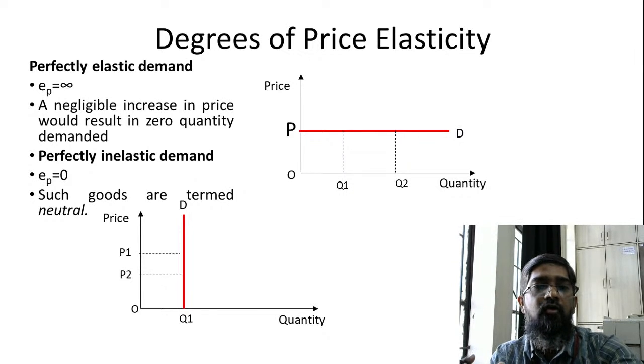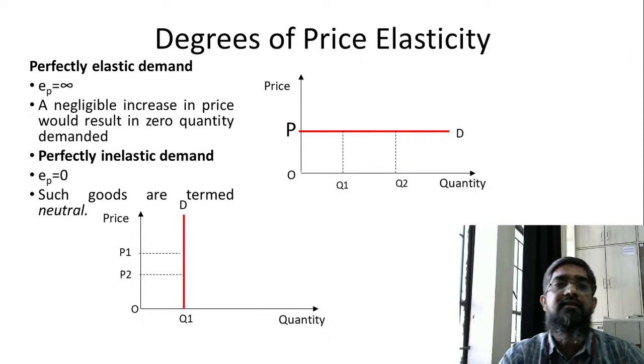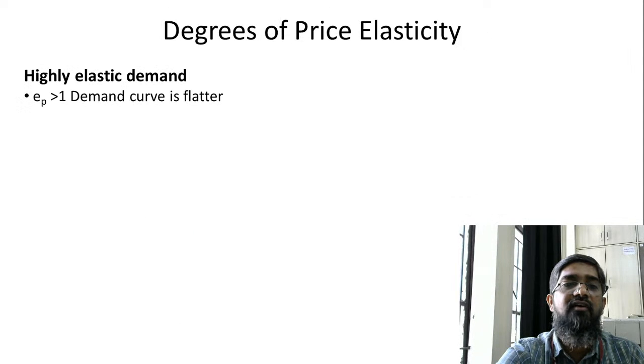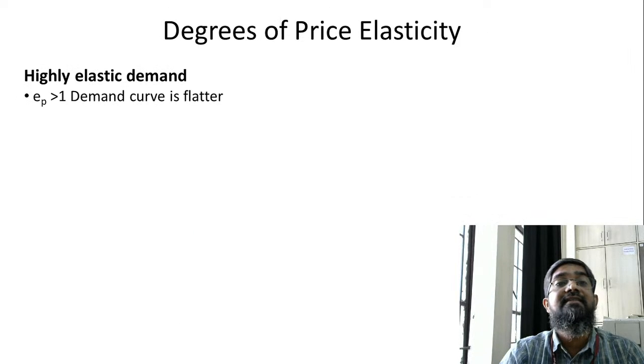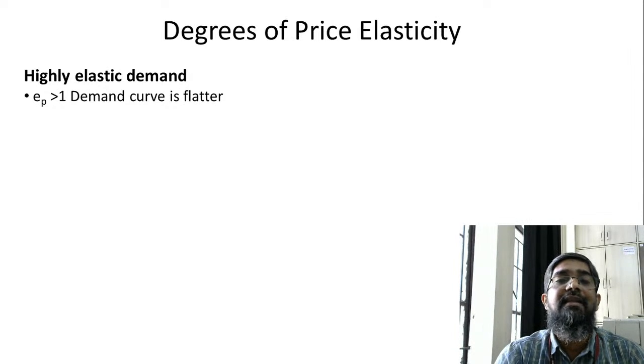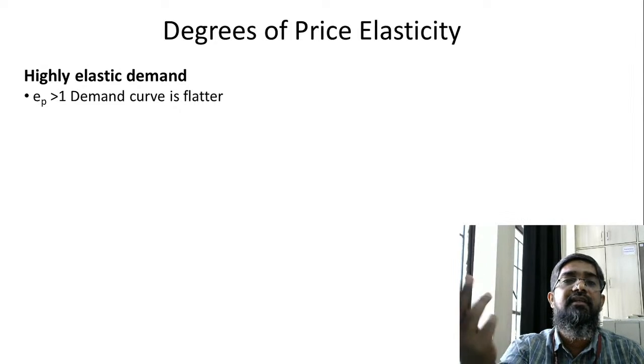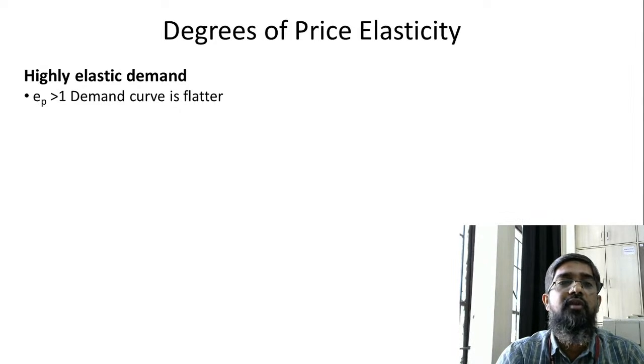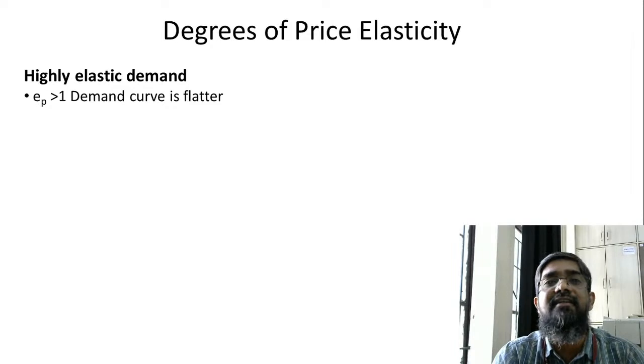Now moving on to the third degree of elasticity, that is highly elastic demand curve. This is possible in the case of all luxury goods, and even in the case of normal goods you will find elasticity greater than 1.